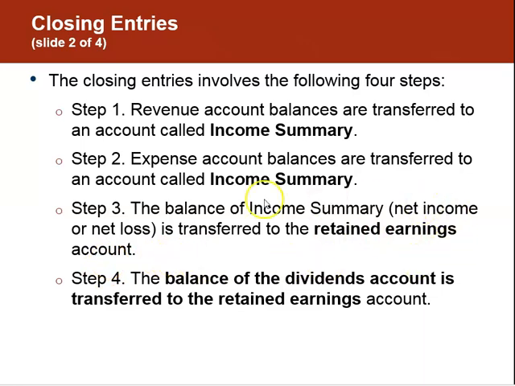Now, I want to spend some time on number 3 if you don't mind, and even if you do. Let's think about this. It says the balance of income summary, and then it says net income or net loss. So what it's saying here is that if the amount of revenues that we're transferring into income summary is higher than the amount of expenses, we have net income.